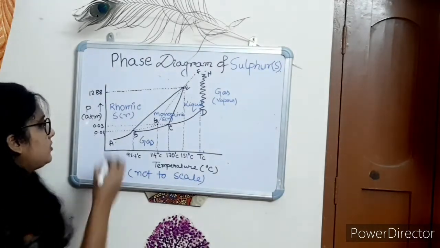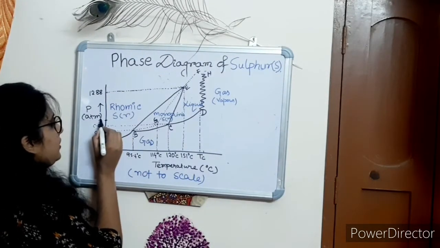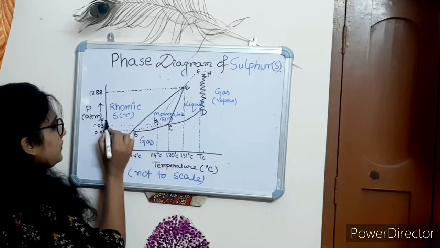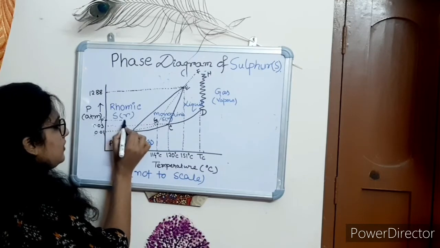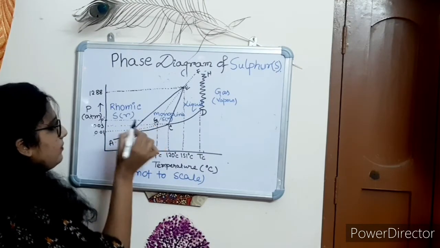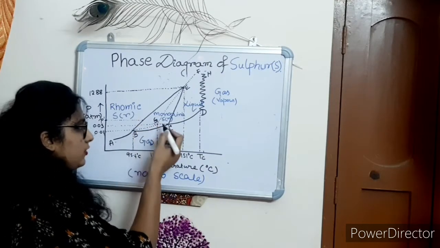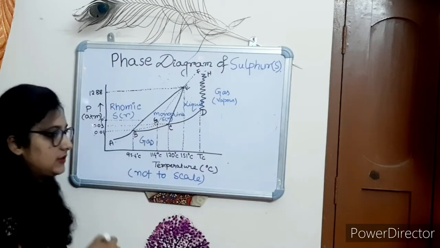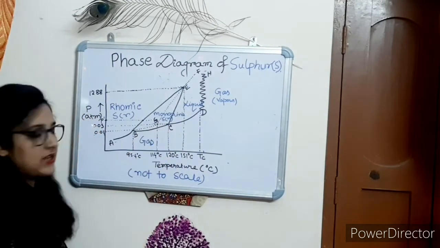Suppose this is a pressure, P1. At pressure P1, if you increase the temperature, you get the rhombic structure up to that temperature range, but beyond this temperature, if you increase the temperature again, you get the monoclinic structure.